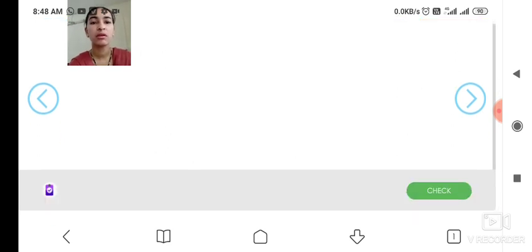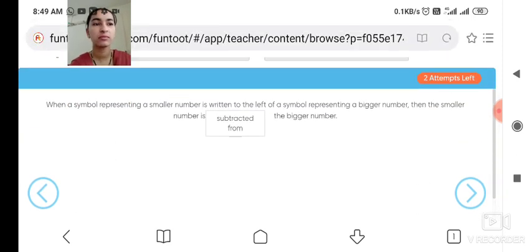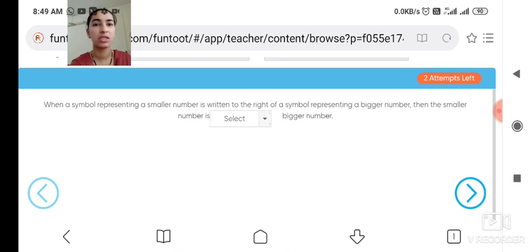Okay, it will be subtracted. If the smaller number is written first and the bigger number is written second, then the number is subtracted. Understand this? Let's take another example. When a symbol representing a smaller number is written to the right of a symbol representing a bigger number, then the smaller number is dash.